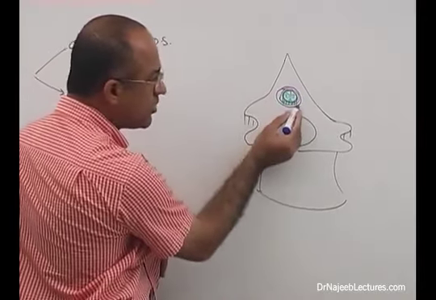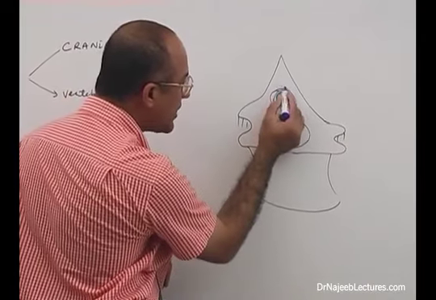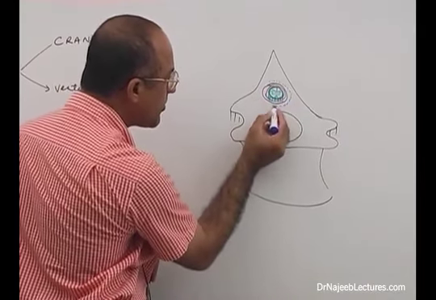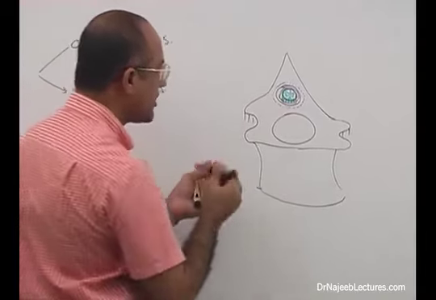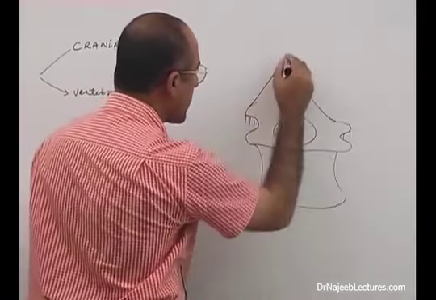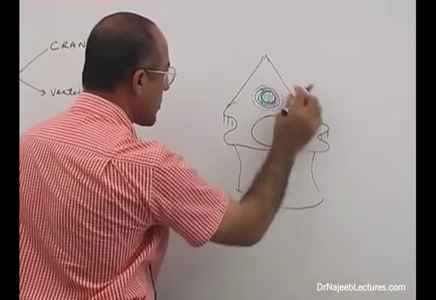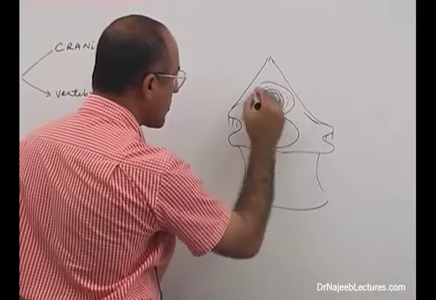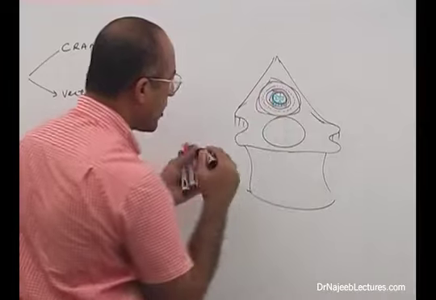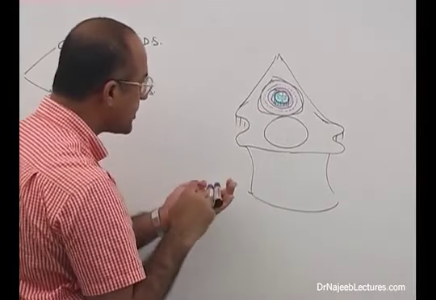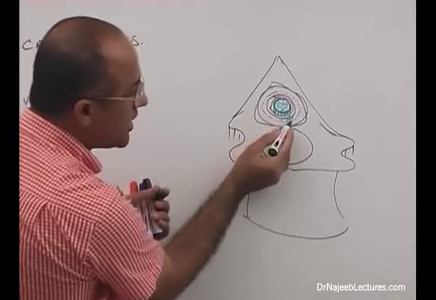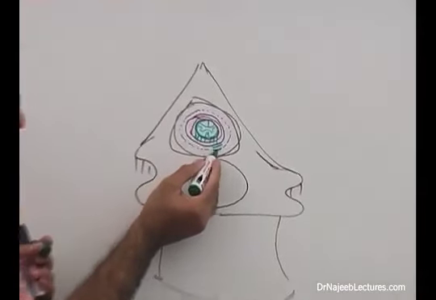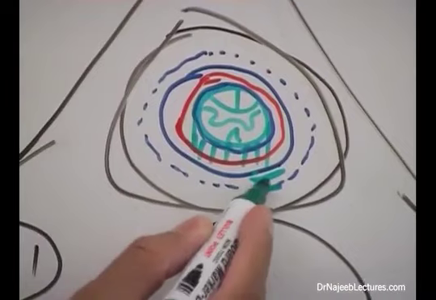This is dura, and outside it there is the periosteum of the vertebral lining. What I really want you to appreciate is that there is a real space here between the periosteum of the vertebra and the meningeal dura mater.